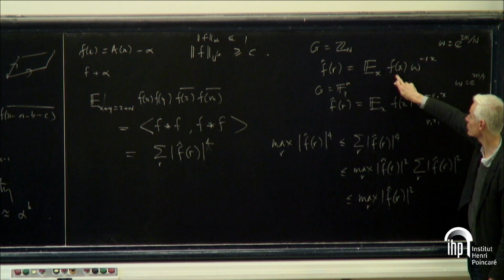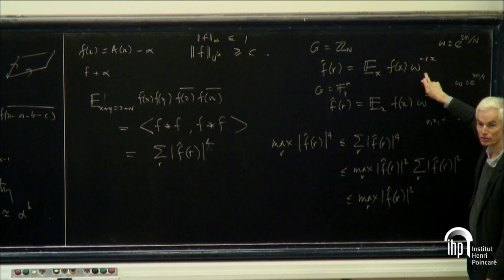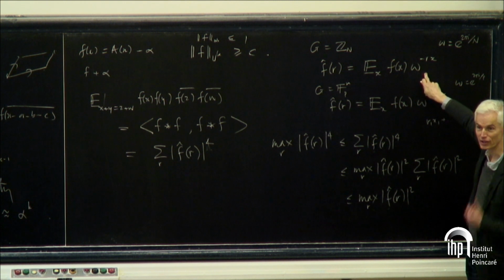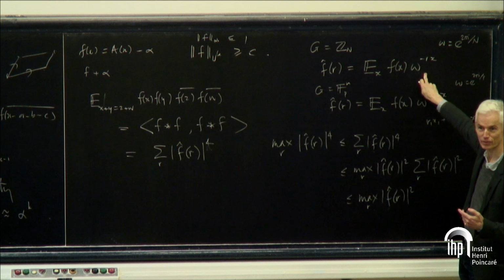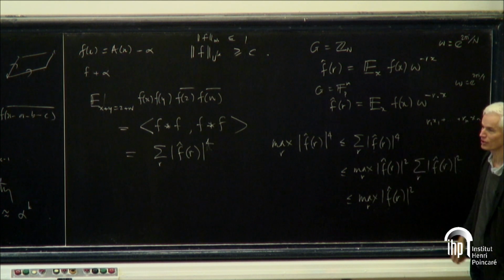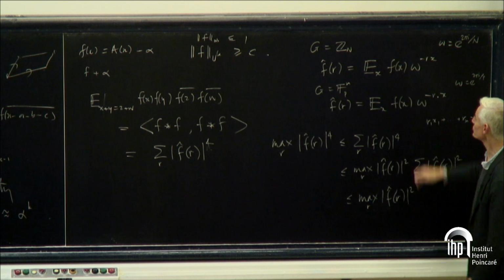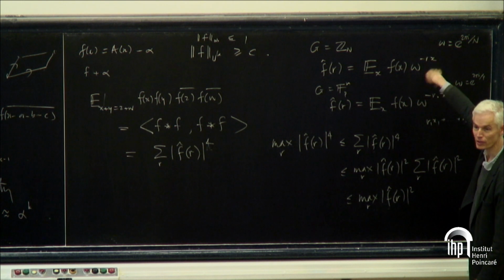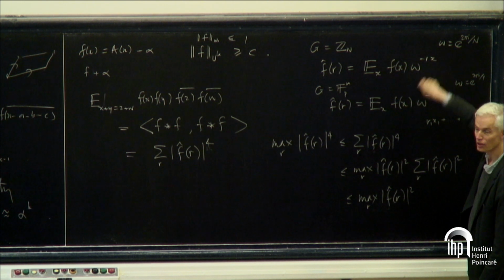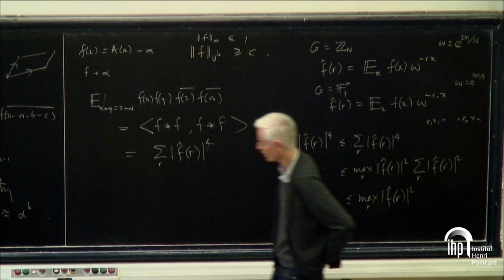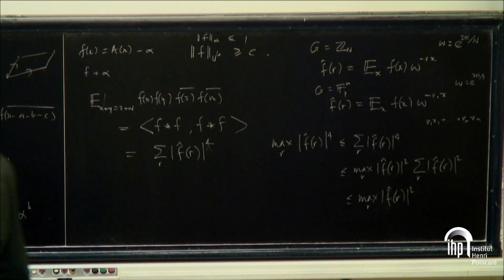That's telling us that the function f correlates with the function omega to the rx. And that's the sense in which we have some structure of f. The only way for the U2 norm not to be small is if f correlates with a trigonometric function. And so that's a complete proof of an inverse theorem for the U2 norm.